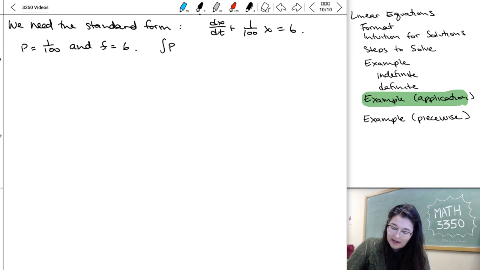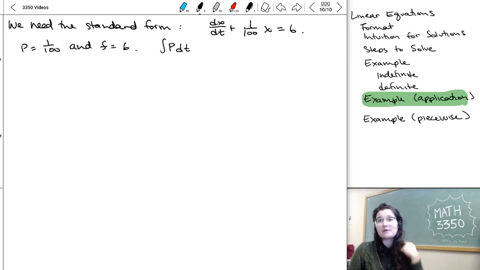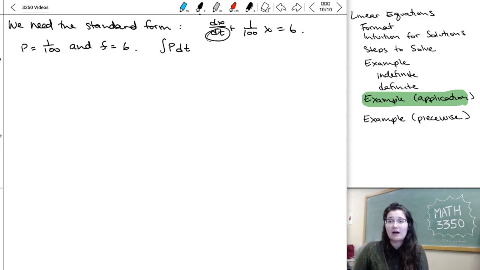And we know that we're going to have to calculate that integral of p dt. It's a little bit confusing, I know, because we've always written y of x, so integral of p with respect to x. But in this case, the derivative has independent variable t, so that's the one we integrate with respect to.